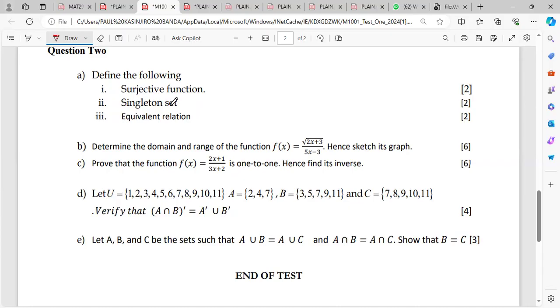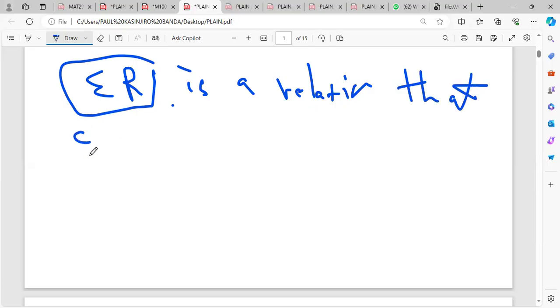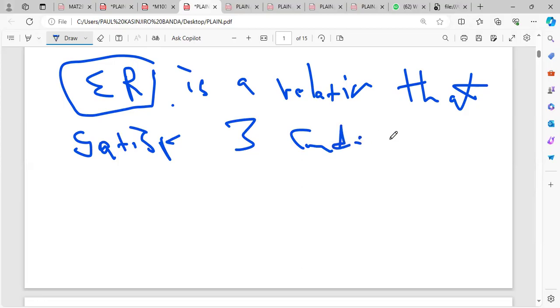And then what is an equivalence relation? The way you define it, you just say it's a relation that satisfies three conditions. What are the conditions?